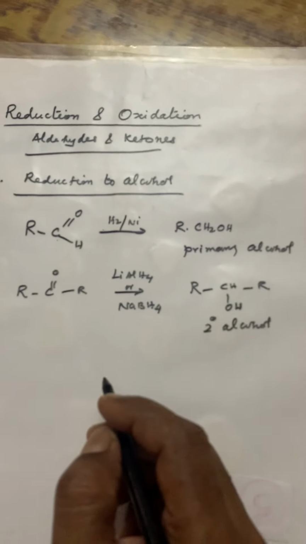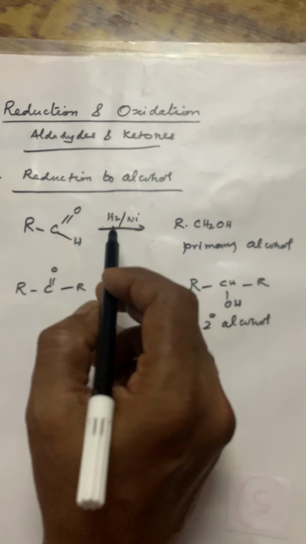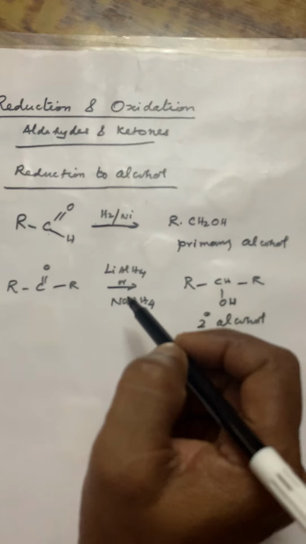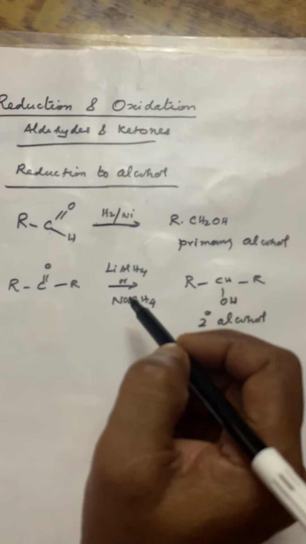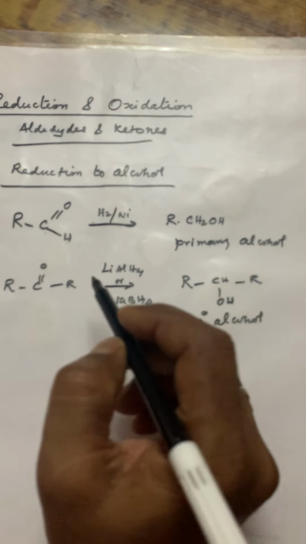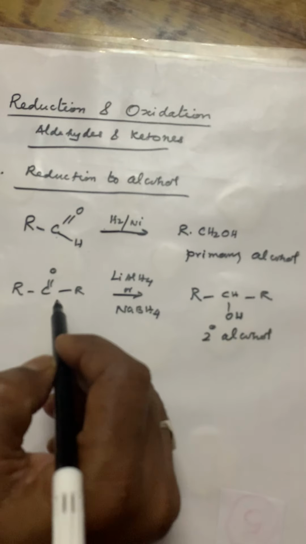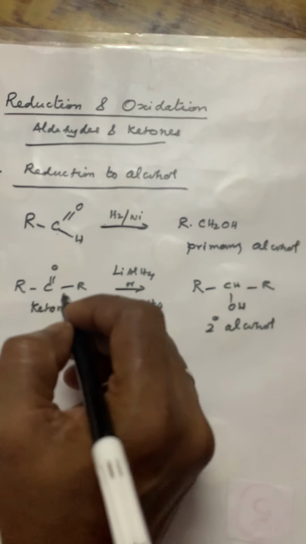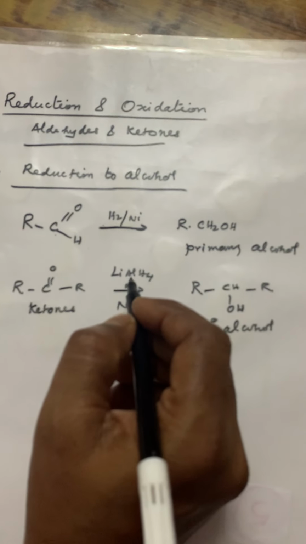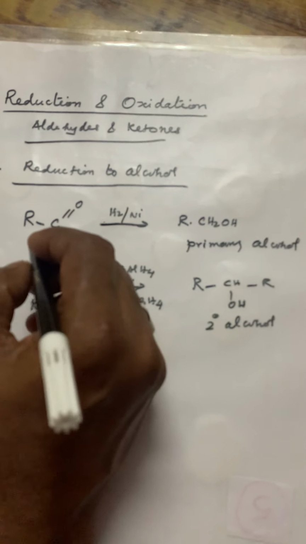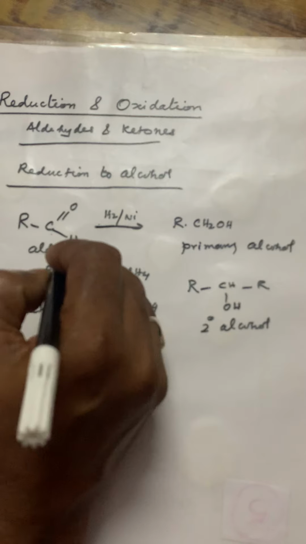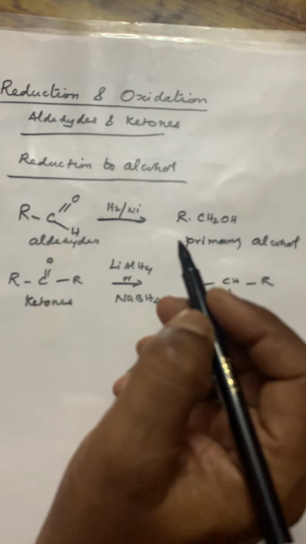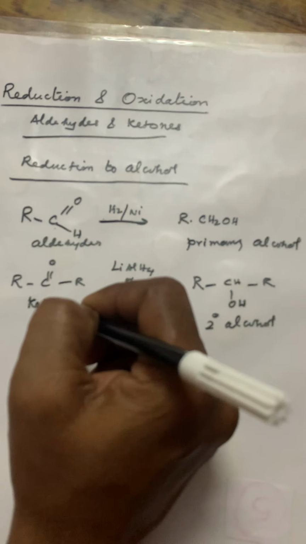Here one thing you have to know: here hydrogen nickel, here lithium aluminum hydride. Why do we have to apply different reducing agents? Because ketones are less reactive, so they need a strong reducing agent, whereas aldehydes are more reactive than ketones.